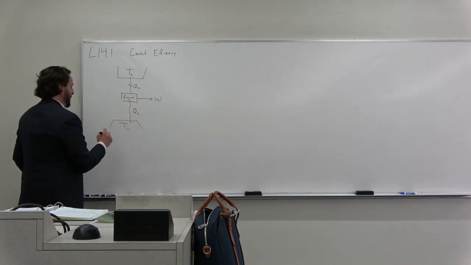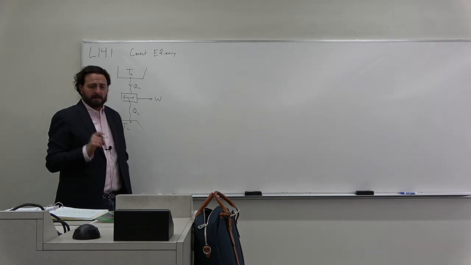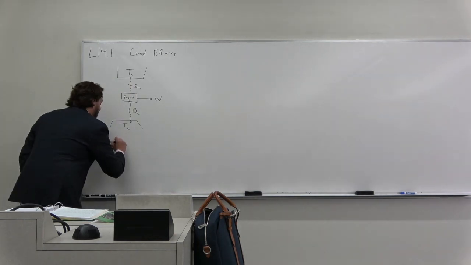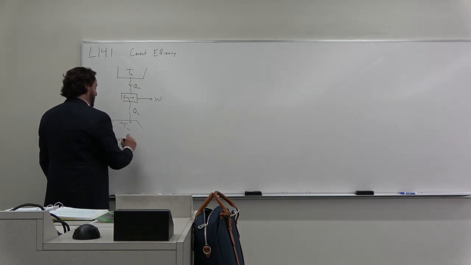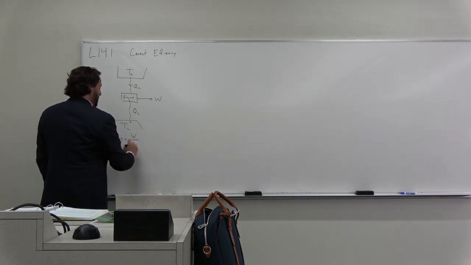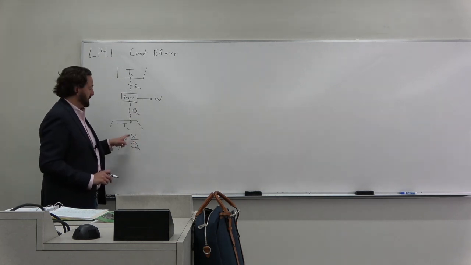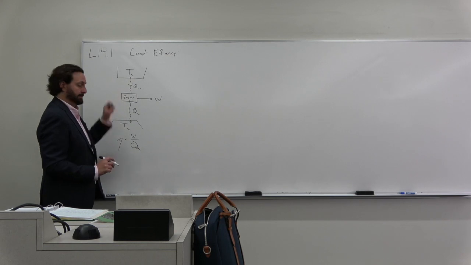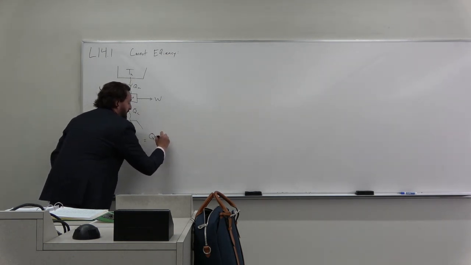And then we talked about that waste, and we said, well, for this process, right, our efficiency, eta, went like the work over the heat in, right? What did we want on top versus what did we put in? But our work was equivalent to QH minus QC.